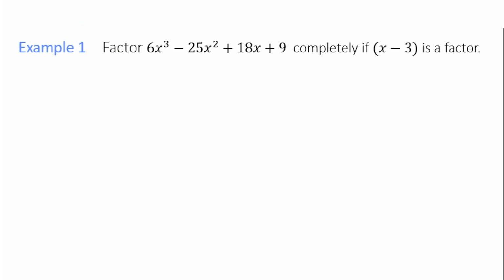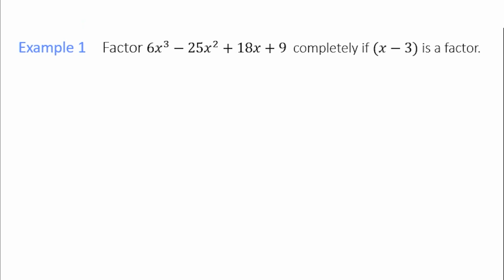Our first example is to factor a polynomial completely if I know that a particular binomial is a factor. Well, if I know that this binomial is a factor, then my only task is to divide this polynomial by this binomial. I'm going to use long division, so I will be able to show you step by step how long division works.